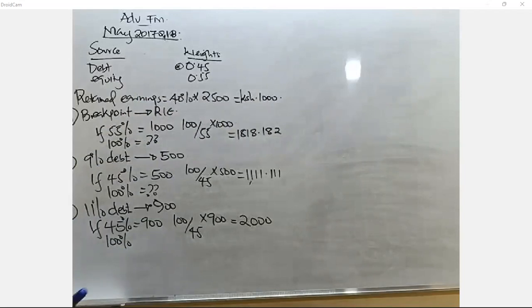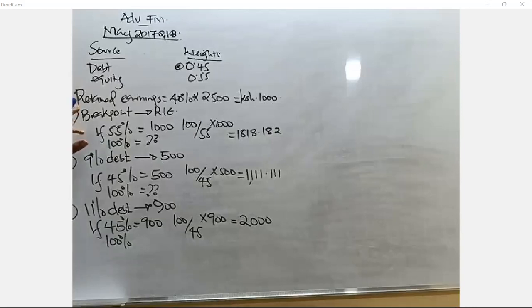Rather than giving these people money, if you utilize these retained earnings fully to 100%, how much can this source of funds give you to finance your new project? That is what the breakpoint means. The breakpoints are basically used to help you in raising more funds, which you can use to finance your new projects.